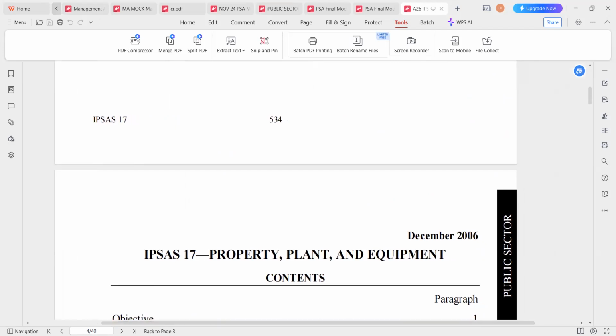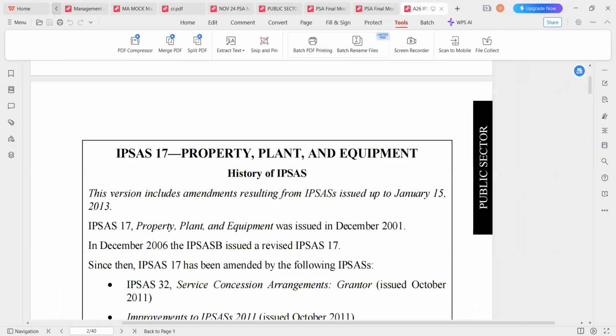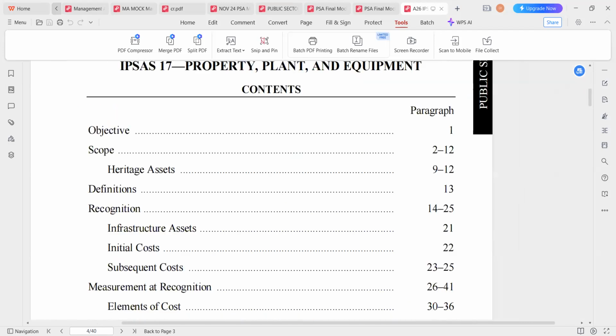Public sector. So PPE, the objective is there, and let me check. Yeah, heritage asset.